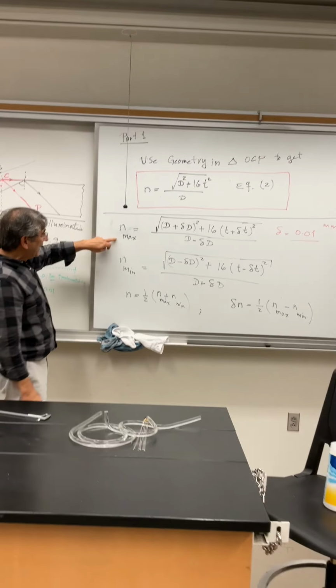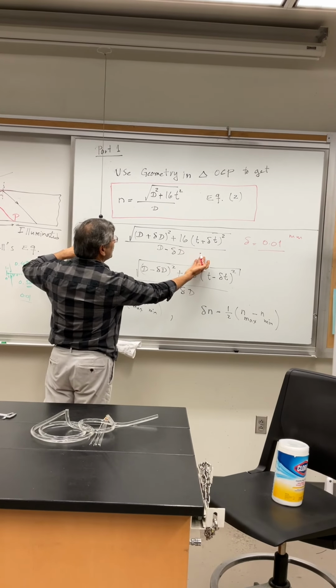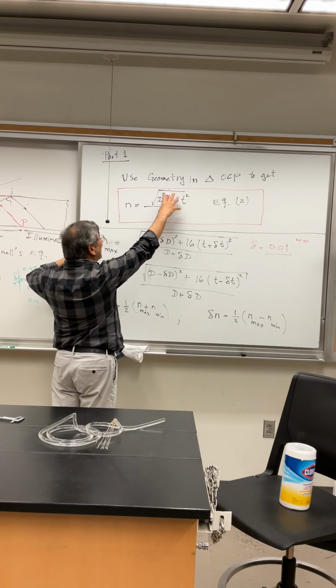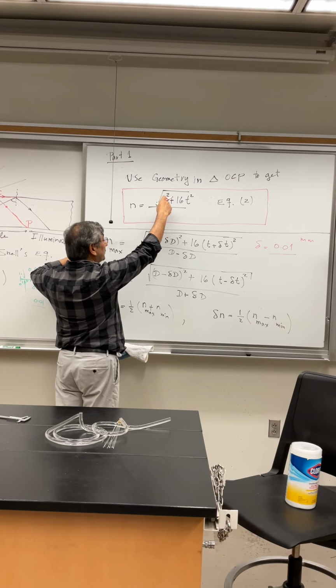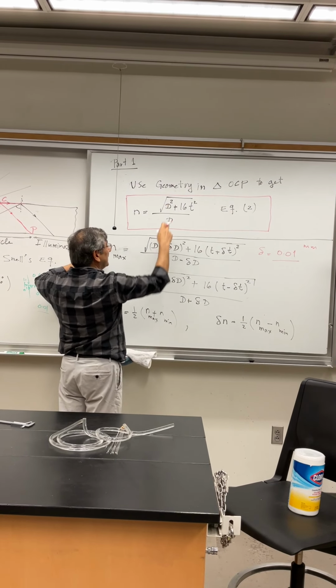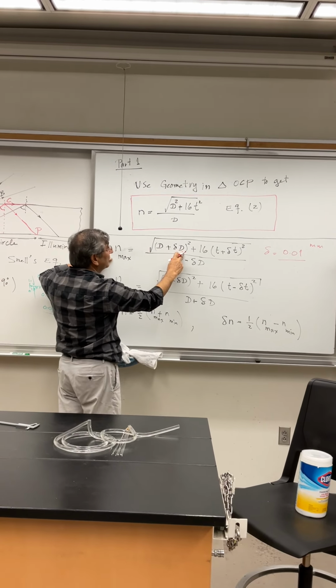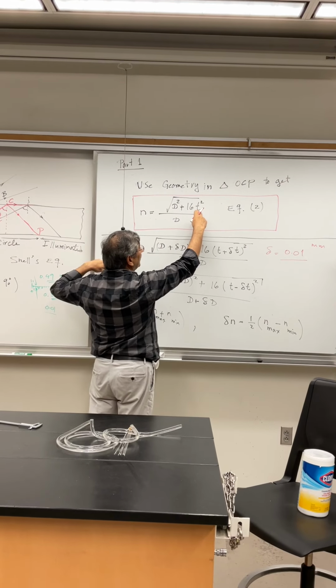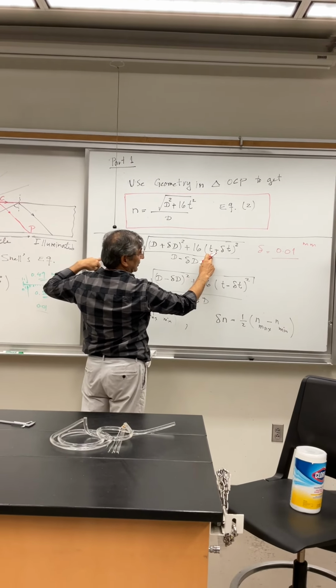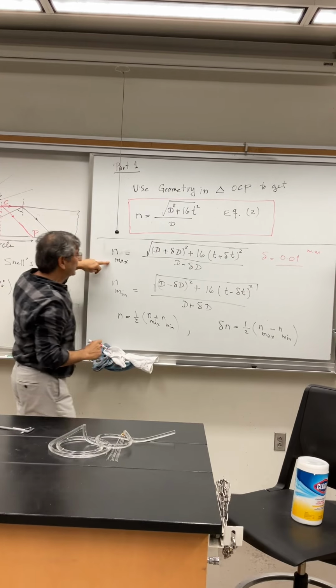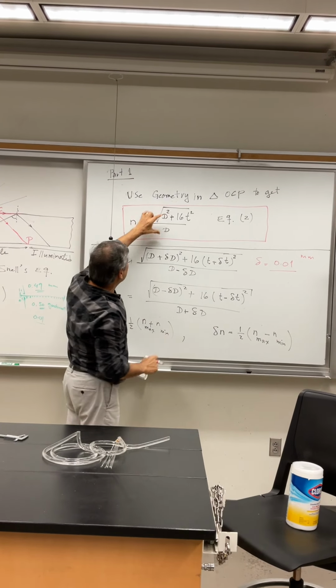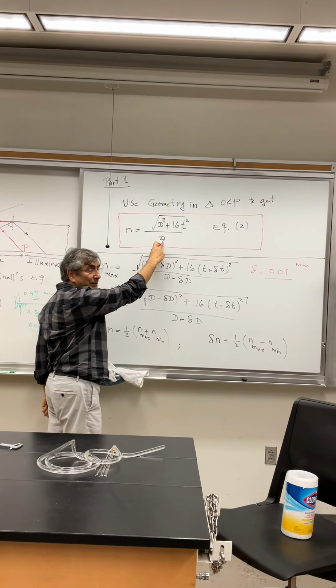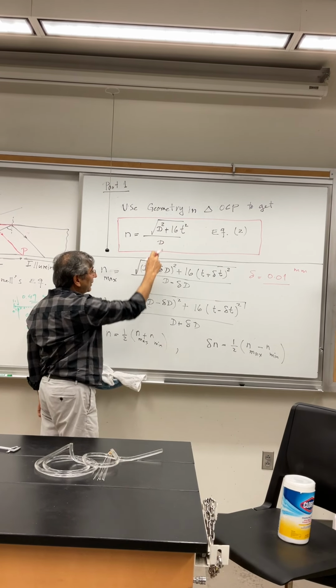To find n maximum, you use this equation, because you want to make sure that these numbers are maximum. So you put the maximum value of d, that will be d plus the uncertainty of d, plus the maximum value of t, which is thickness plus uncertainty of measuring thickness. And to make this maximum, the denominator must be the smallest.